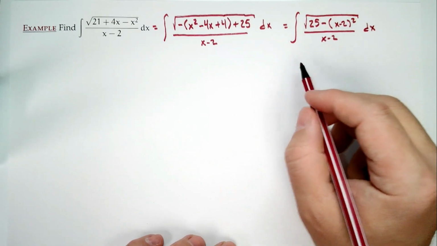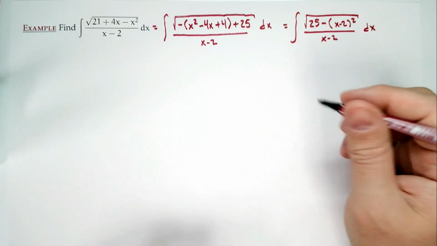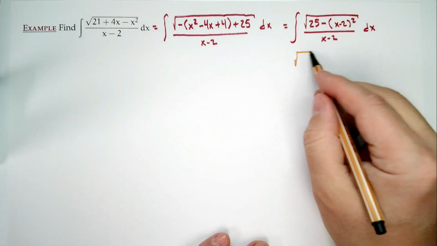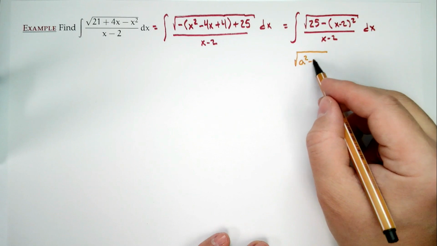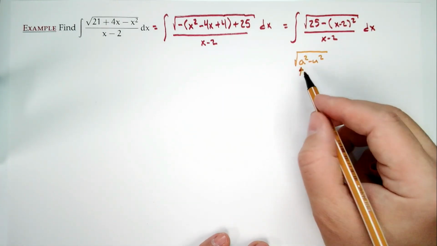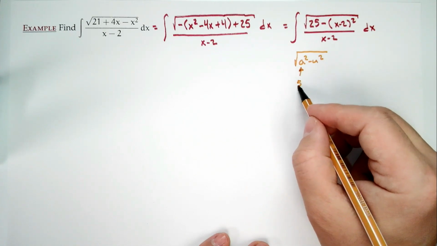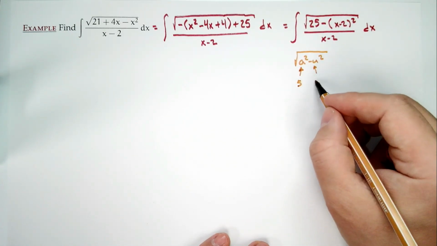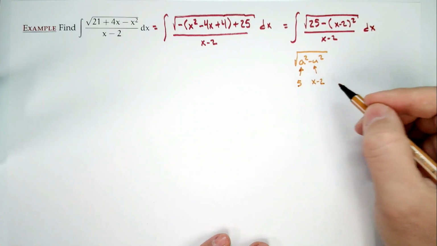Now what's our form? Our form is we have the square root of 25 minus x minus 2 squared. So that's our square root of a squared minus u squared. So here we get that a is 5, and u is x minus 2.